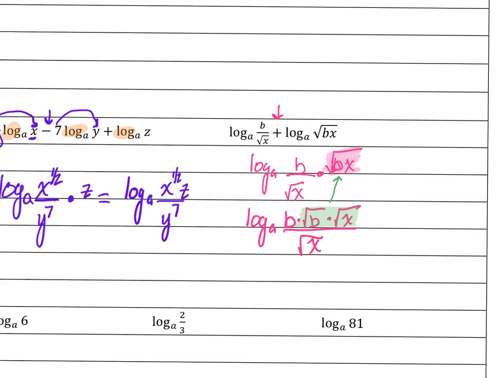So I just factored it. And why did I factor it? Well, I want to be able to do this. That makes a 1, correct? So if I'm going to simplify this, this becomes log base A of b square root of b. And there is your answer, done.